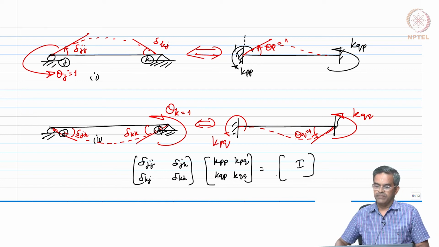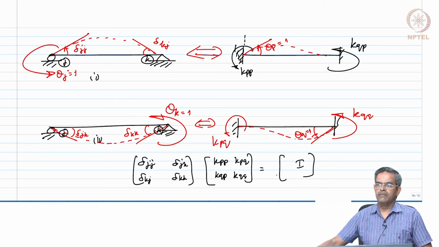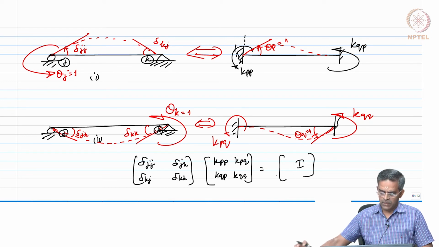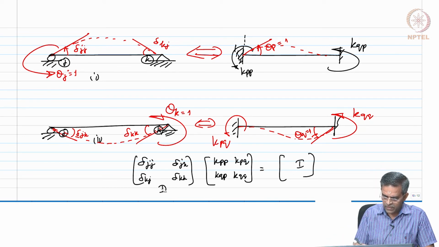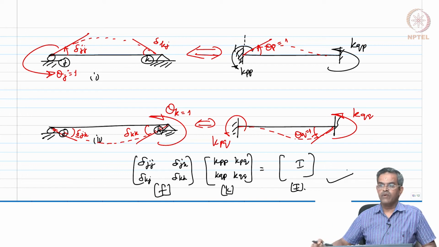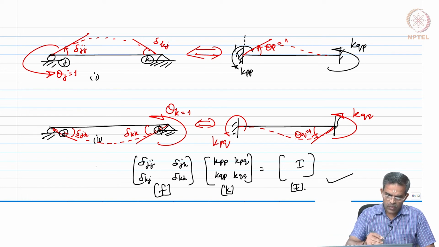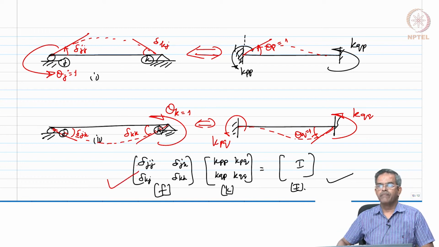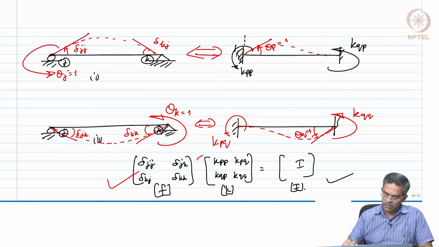There is a 1:1 match, okay, 1:1 match, give me an identity matrix. So, this is my flexibility matrix, this is my stiffness matrix, my identity matrix. Okay. Now, my question is to find these values of flexibility matrix.